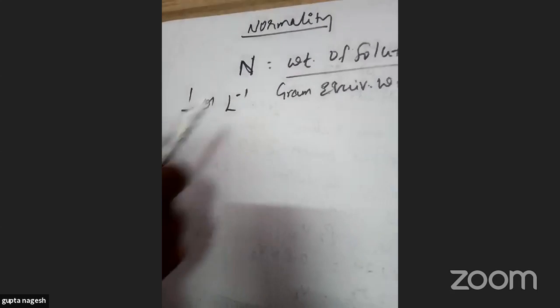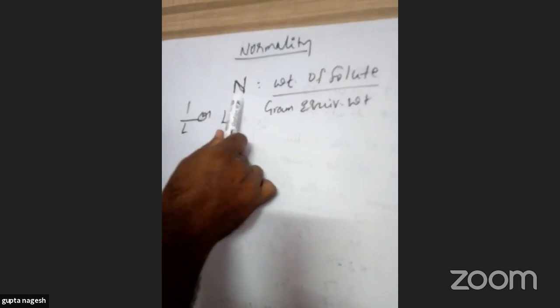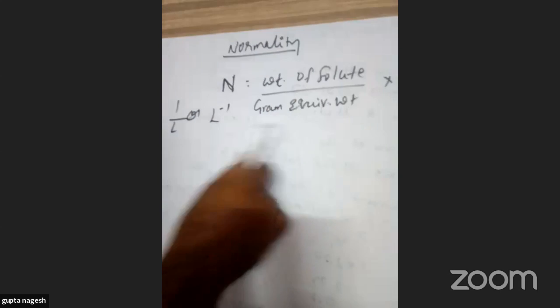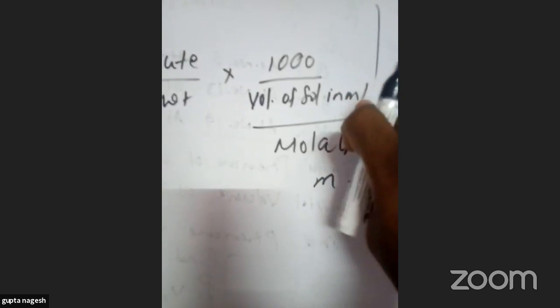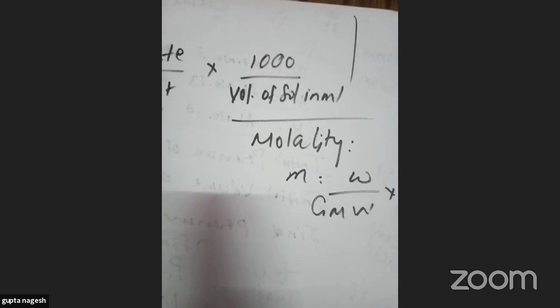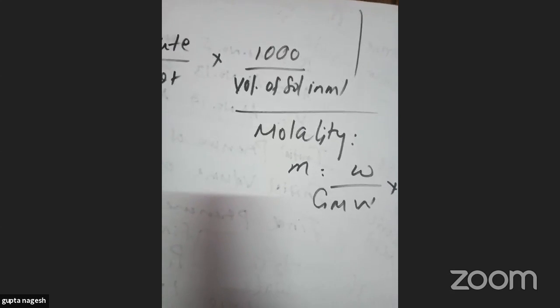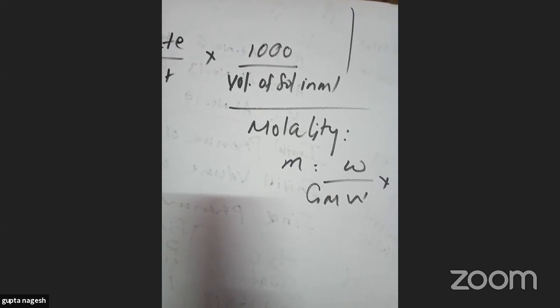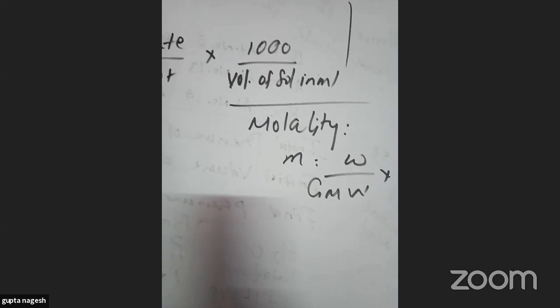The formula I have already written on the board: normality is equal to weight of the solute by gram equivalent weight into 1000 by volume of solution in ml. Yesterday also, if the problem is given in liters, it is our duty to convert the volume from liters to ml. So now in this case, see here a small calculation.